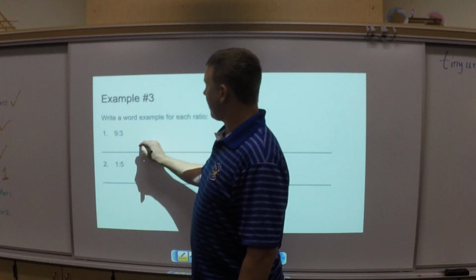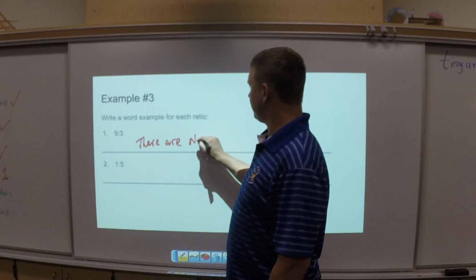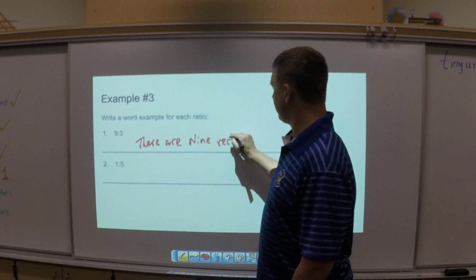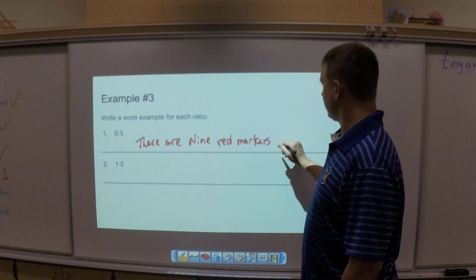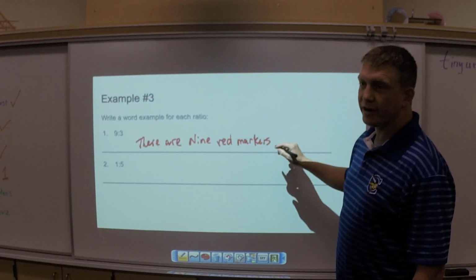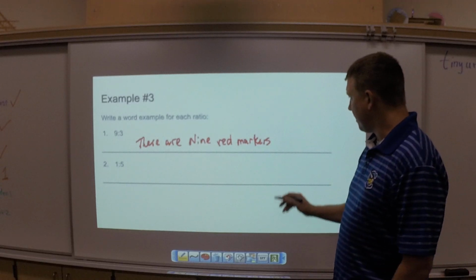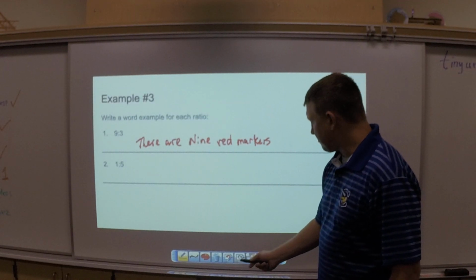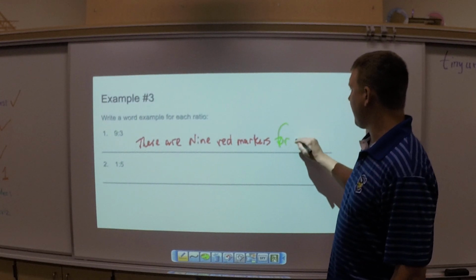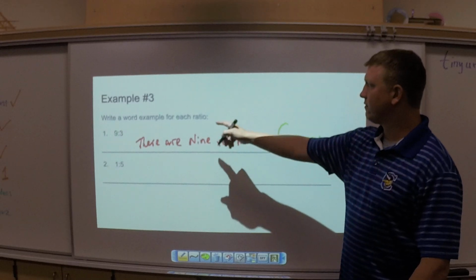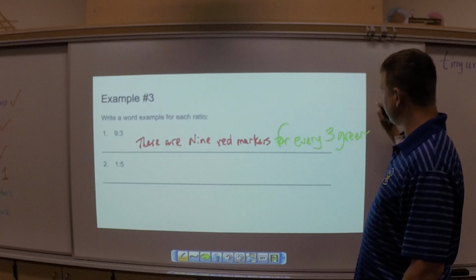So I'm going to say there are 9 red markers for every, or the ratio of red markers to green ones, or you could say there are 9 red markers for every, that's another way to say it, for every 3 green. That's one way to say it.